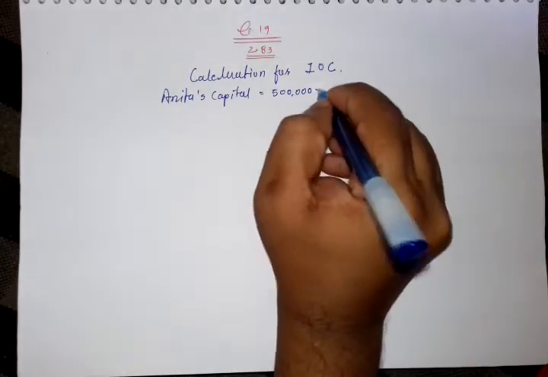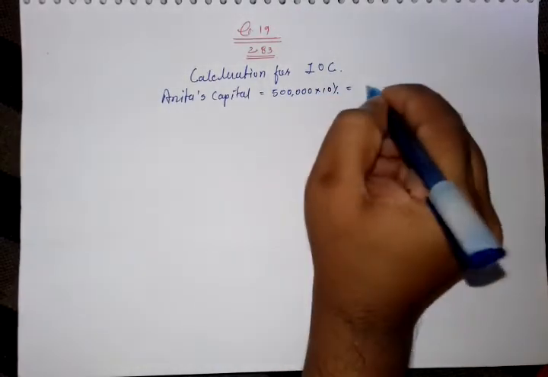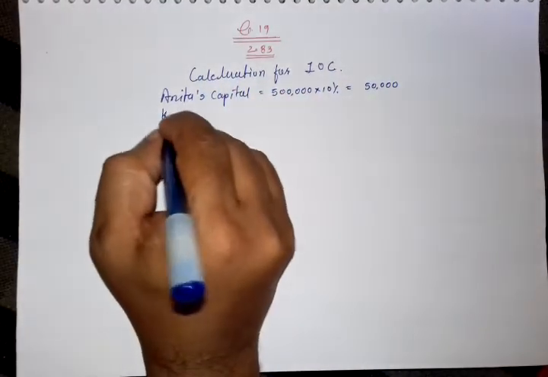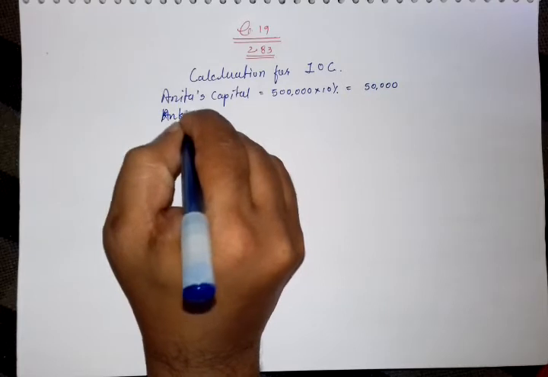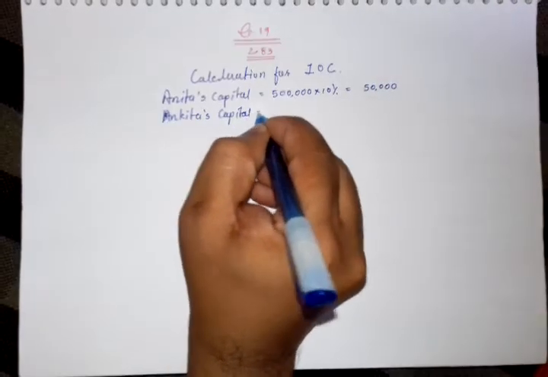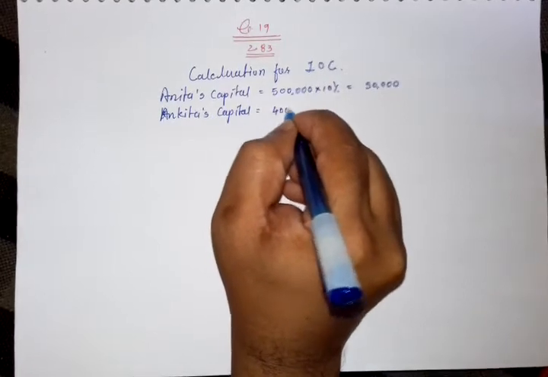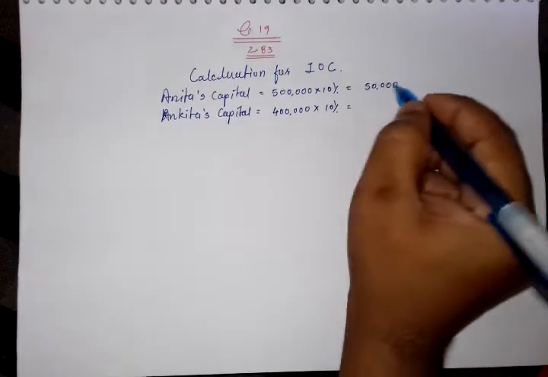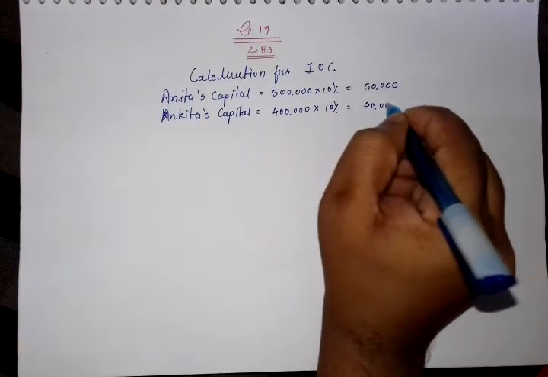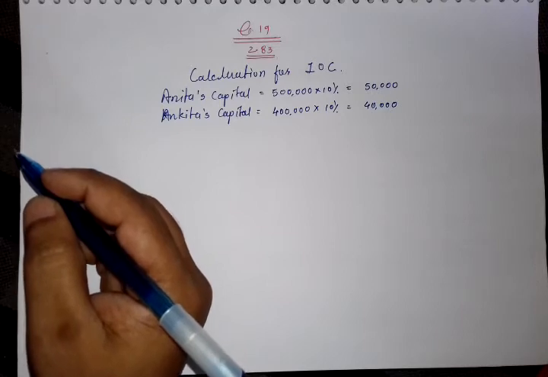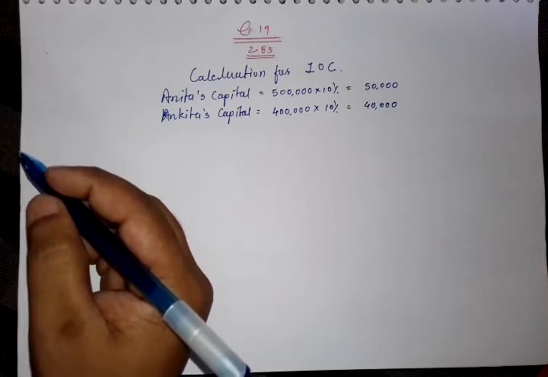Okay, at the rate of 10%, it means 50,000. And Ankita's capital is 4 lakh rupees. At the rate of 10%, it means 40,000. Okay, clear.